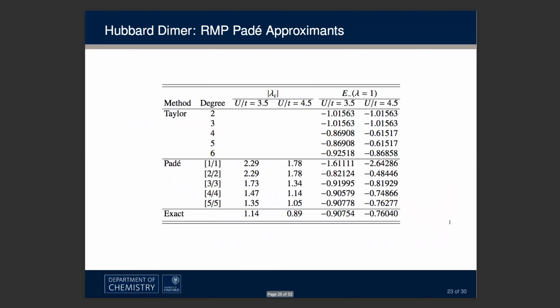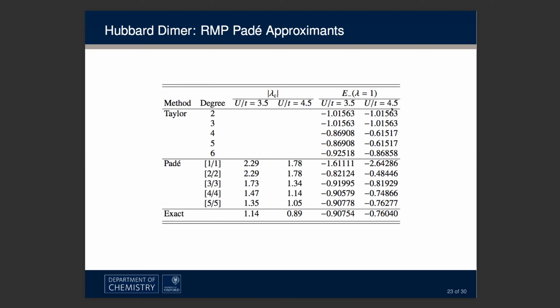And indeed, we can look at how the Taylor approximations compare to the Padé approximations for different orders of these Padé limits. So here we have what's called the diagonal Padé approximants, where we increase the order on the numerator and denominator at the same time. And you can see our original Taylor series was performing particularly badly for U/T equals 4.5, and this was our divergent series.